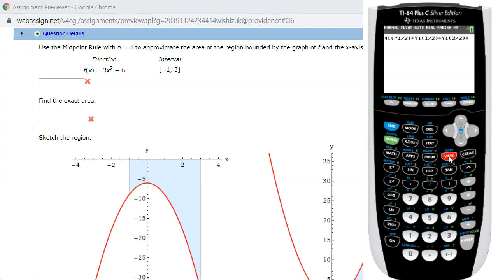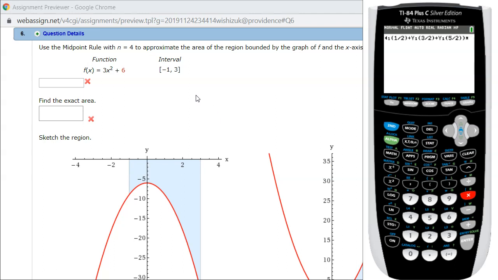I go to vars again, then y vars, function, and y1. The last midpoint is 5/2, so 5 divided by 2. Good. Then multiply by delta x.